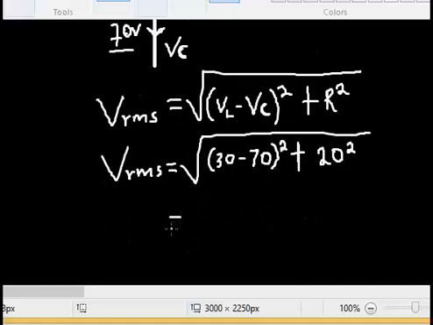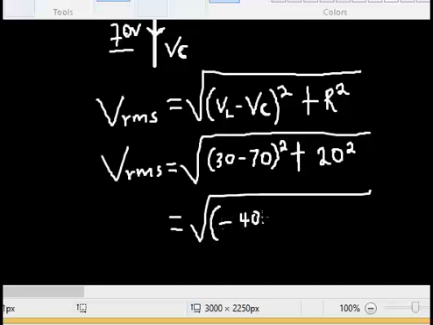So this is equal to the square root of 30 minus 70. What do we have? That's minus 40, so this is minus 40 all squared, plus 20 squared.